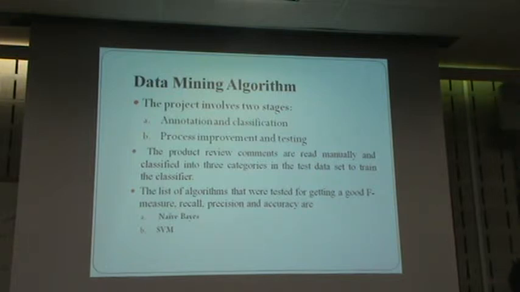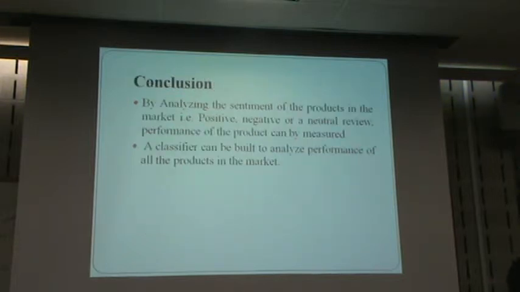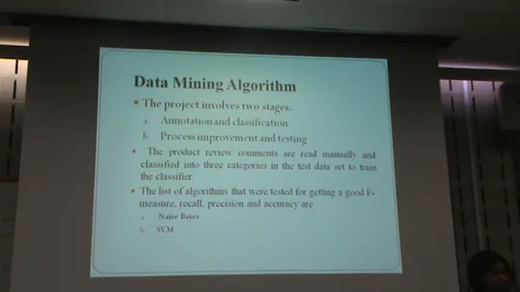As we know, Naive Bayes is one of the simplest and easiest classification algorithms, and SVM is one of the famous algorithms for text mining, and it is also more accurate.